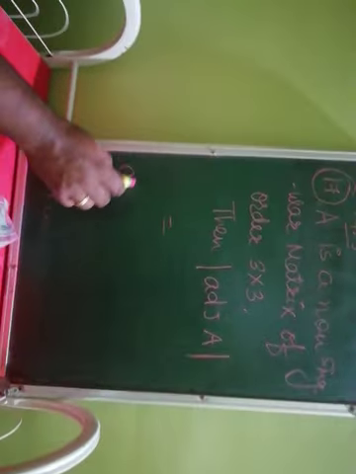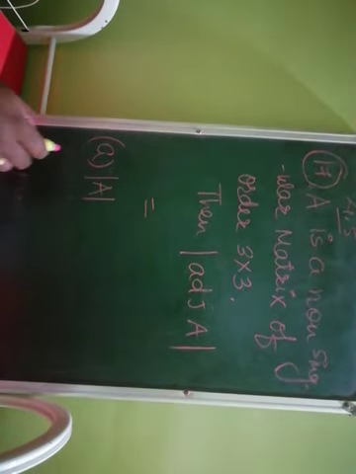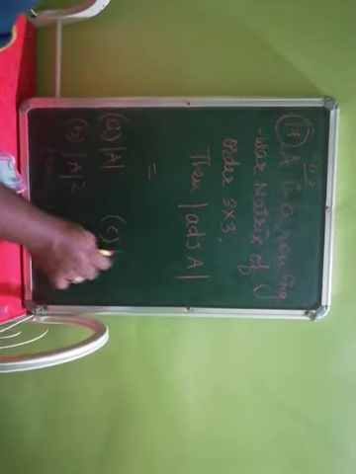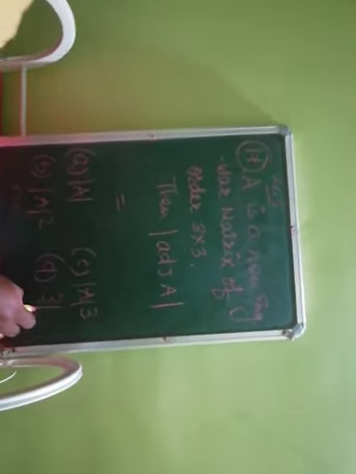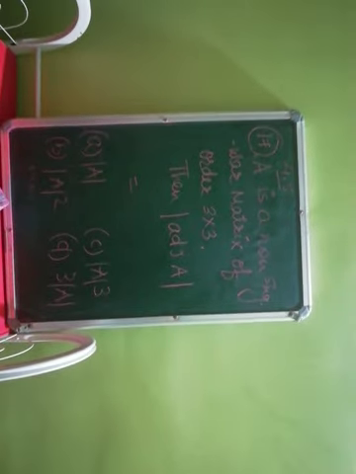The options are: A is determinant of A, B is determinant of A square, C is determinant of A cube, and D is 3 times determinant of A.